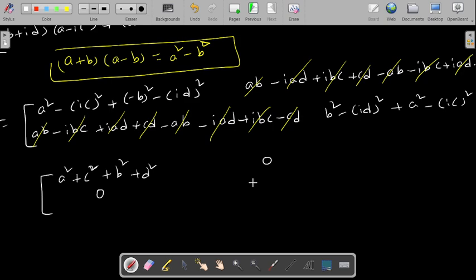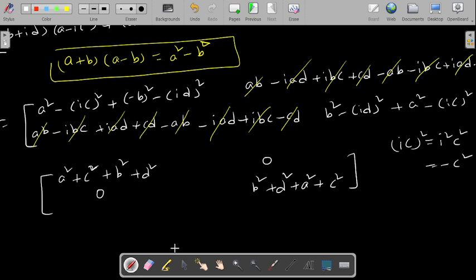Then 0, B square, iD whole square, i square is minus into minus plus D square, plus A square, i square is minus, minus into minus plus C square. If you want, for example, iC whole square is i square into C square, so i square is minus, so minus C square, minus minus plus C square.